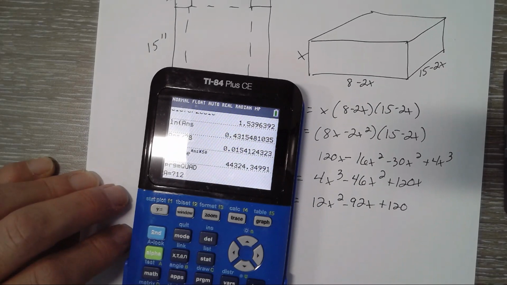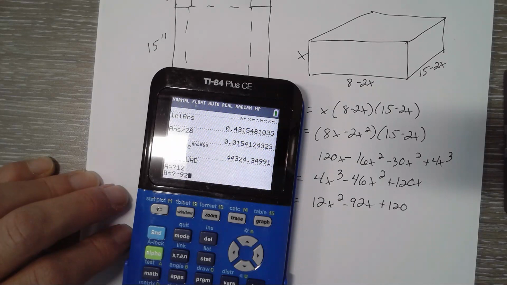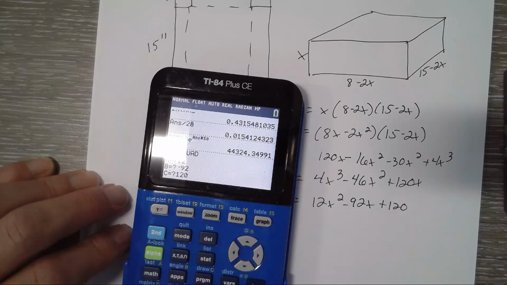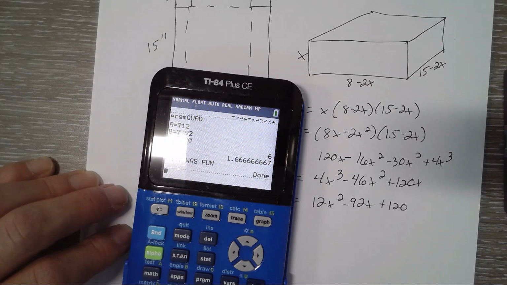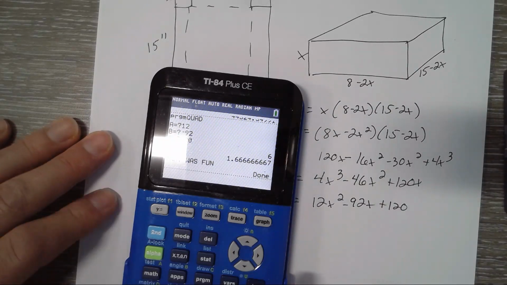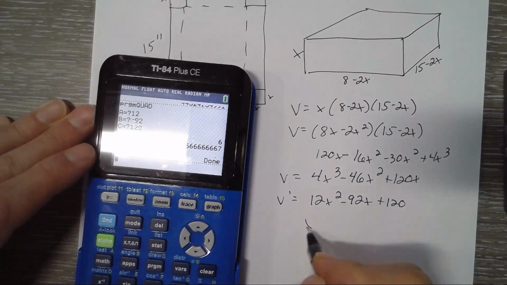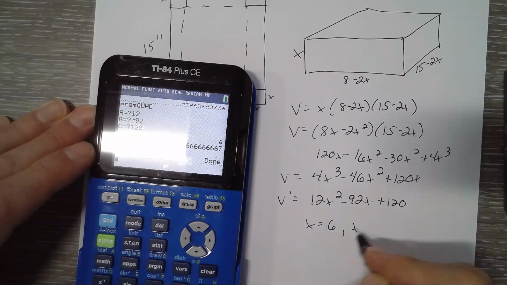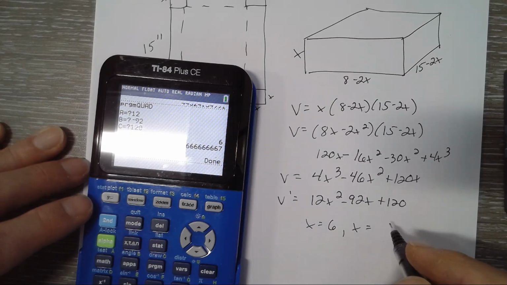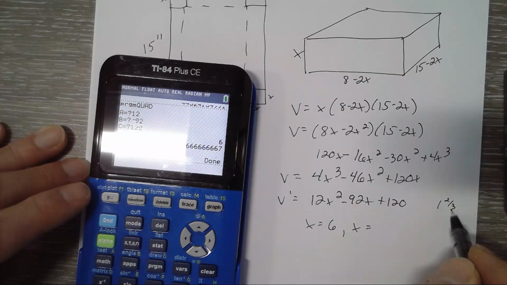Coefficients 12, negative 92, and 120. So I got 6, and I got 1 2/3. All right, so X equals 6, and X equals 1 2/3, which is 5/3.